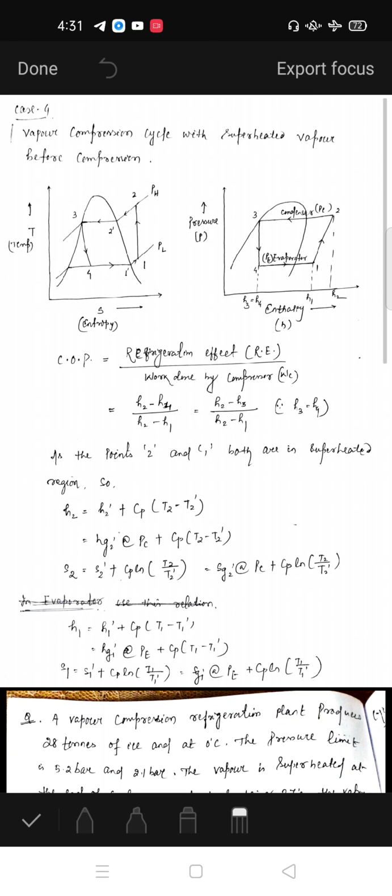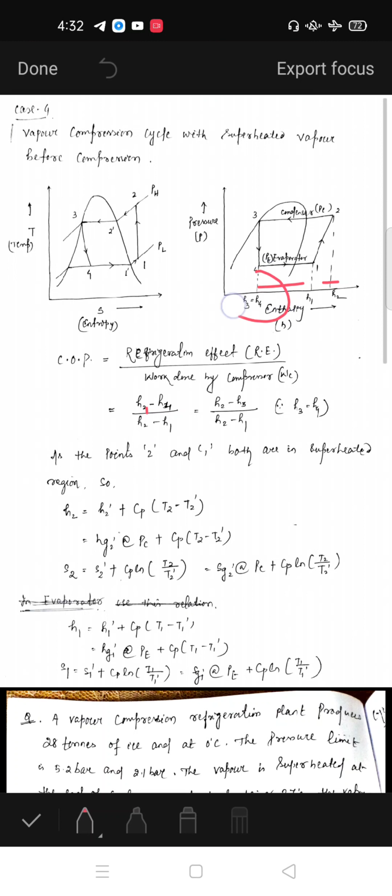It is the change in enthalpy in the evaporator, meaning H1 minus H4.